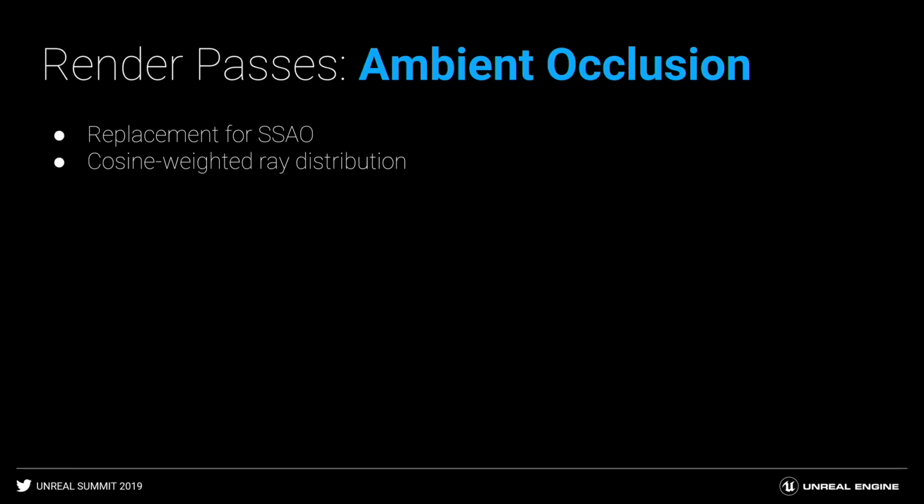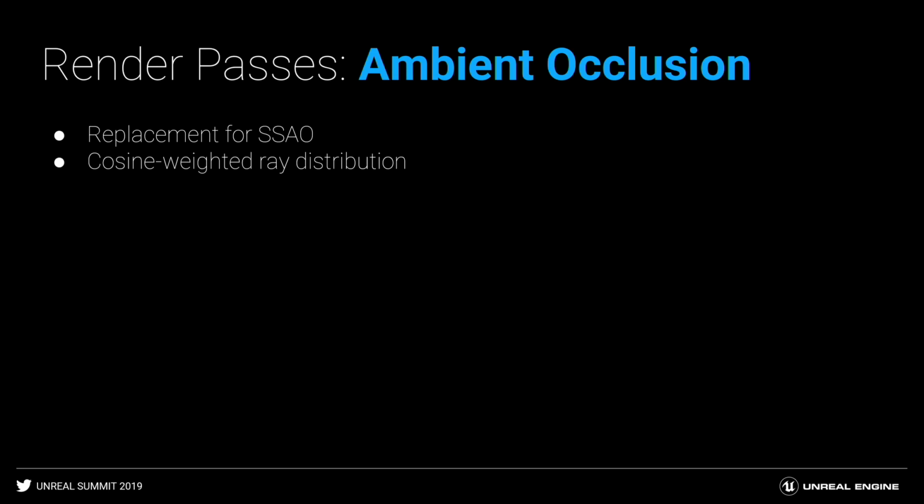So the next effect that was used in Troll was ray-traced ambient occlusion. This one is a similar drop-in replacement for screen space ambient occlusion. The texture mask you get looks basically the same.